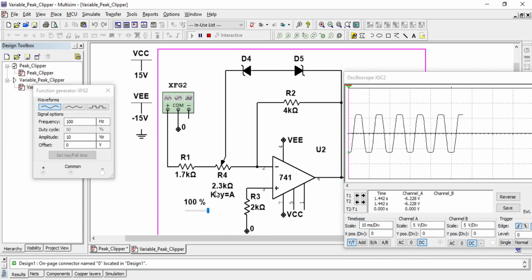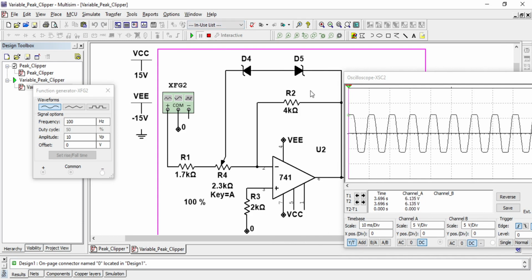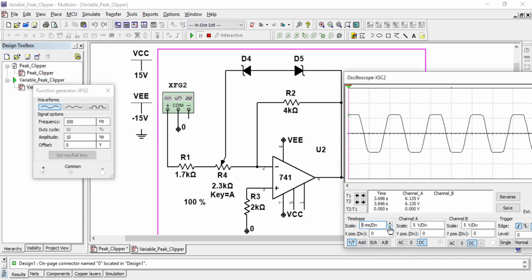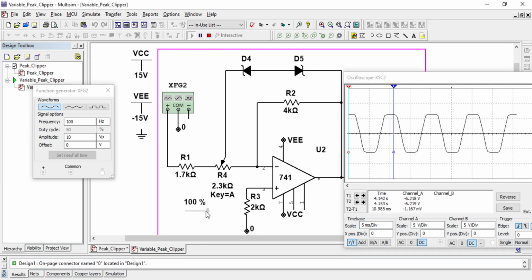When the resistance is maximum, that is 2.3 kilo ohm, we are getting the maximum value of the signal, which ranges from minus 6.3 to plus 6.3, more or less 6.3 volt. Whereas if I vary the resistance, you can see the voltage slowly is clipped more and more.